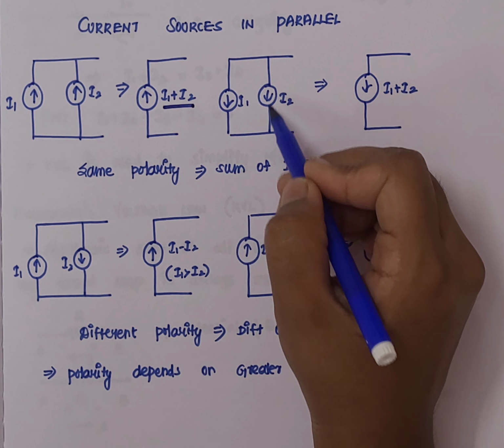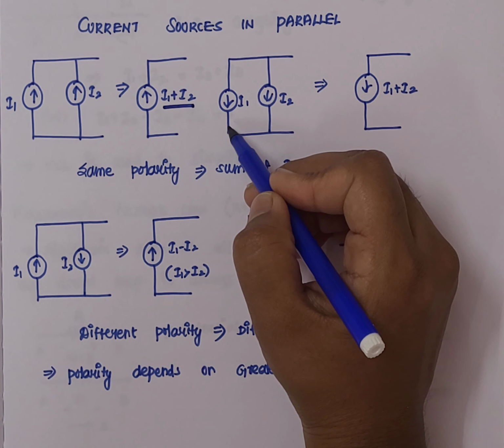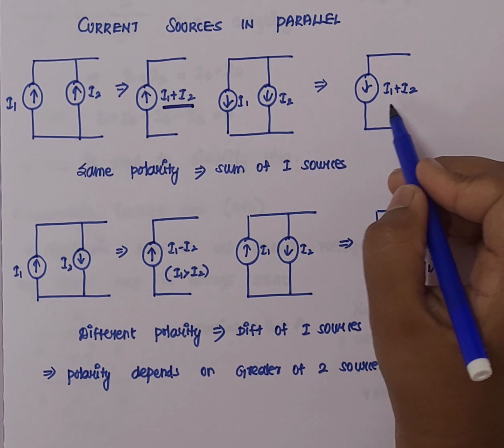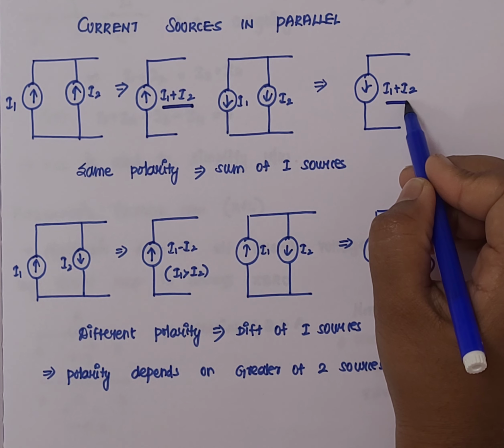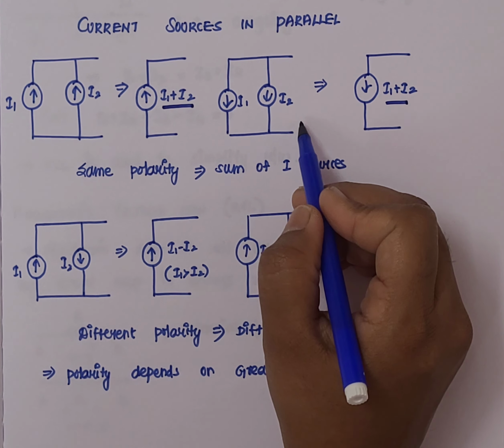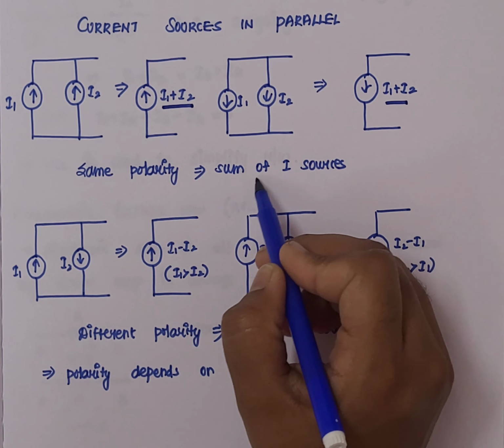Similarly, if we have it in the opposite sign, that is when I1 and I2 flow in opposite direction, then the value again will be I1 plus I2, but the direction alone will be changing.